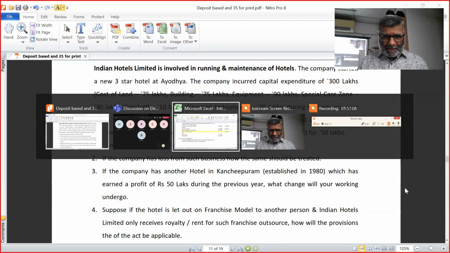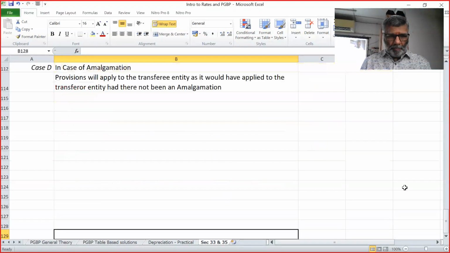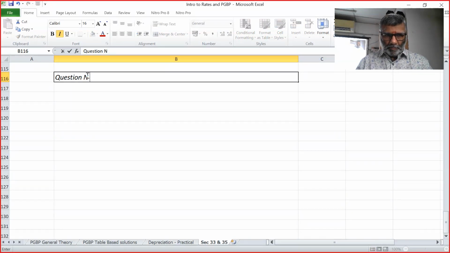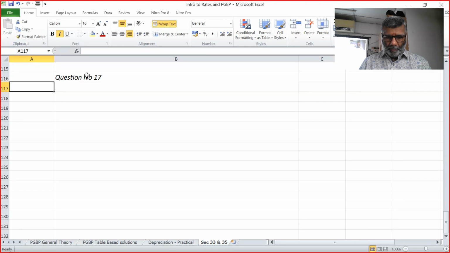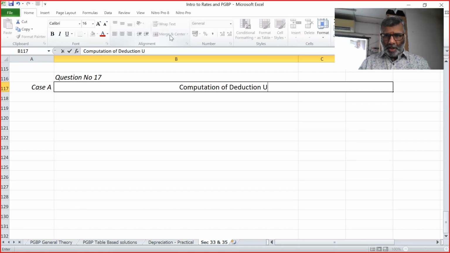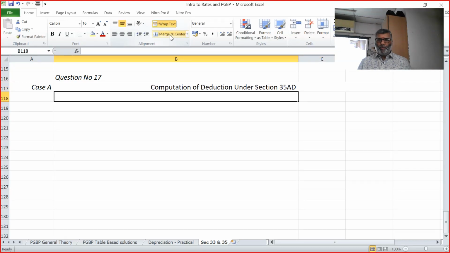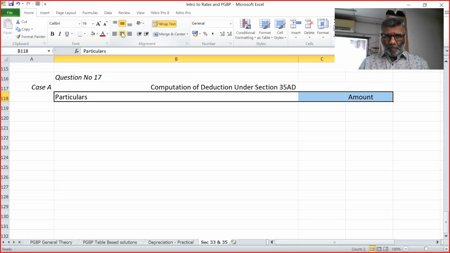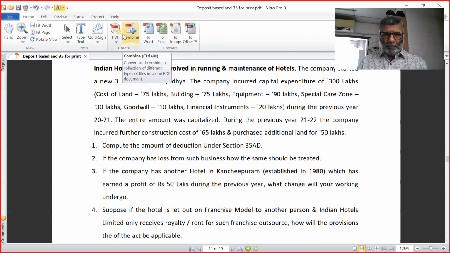So, question number 17. Computation of deduction under section 35AD.